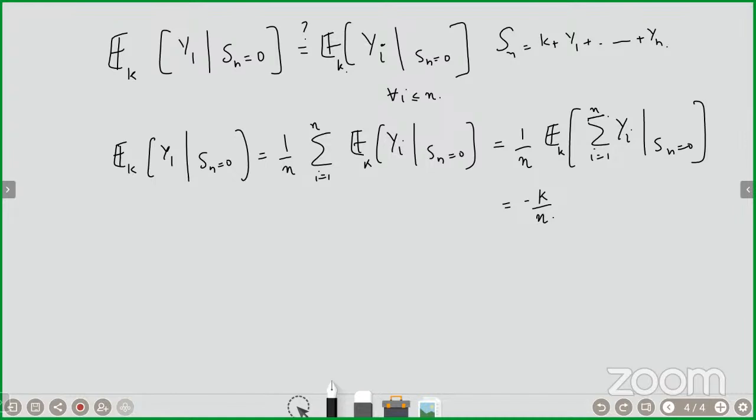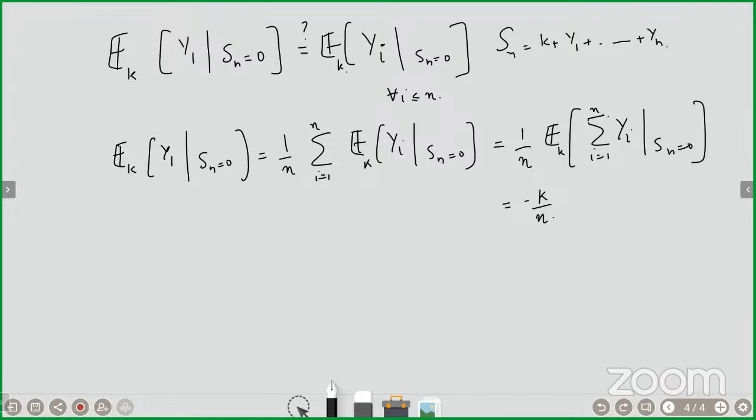This is symmetry, I would accept that. See, if I replace the location of y1 and yn, it wouldn't matter.